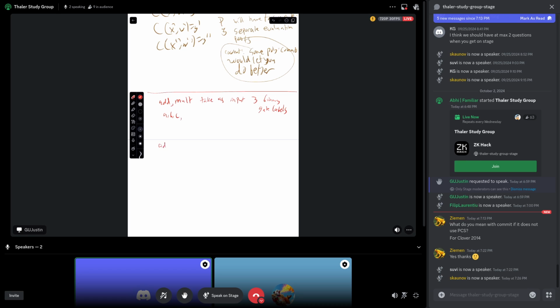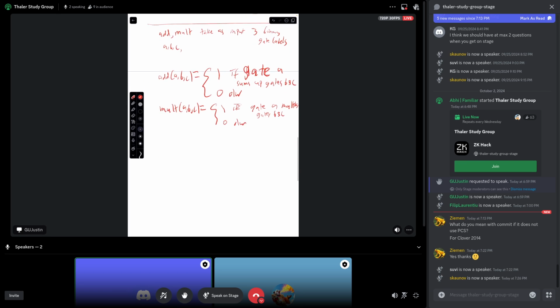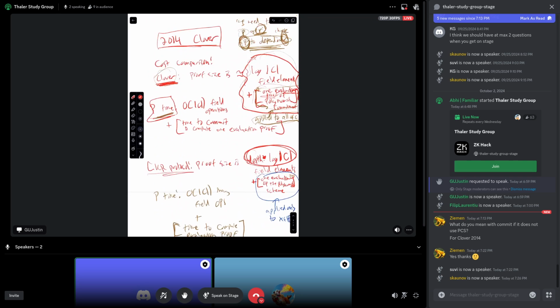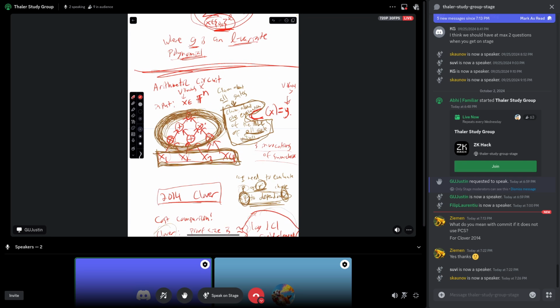Add of A, B, and C will spit out one if gate A in the circuit sums up gates B and C, and zero otherwise, and similarly mult of A, B, C will equal one if gate A multiplies the values of gates B and C, and zero otherwise.